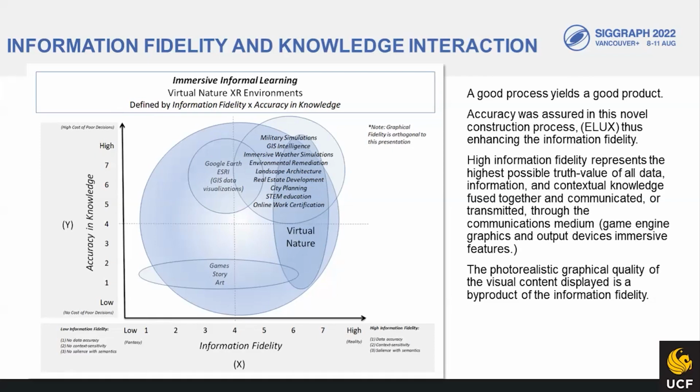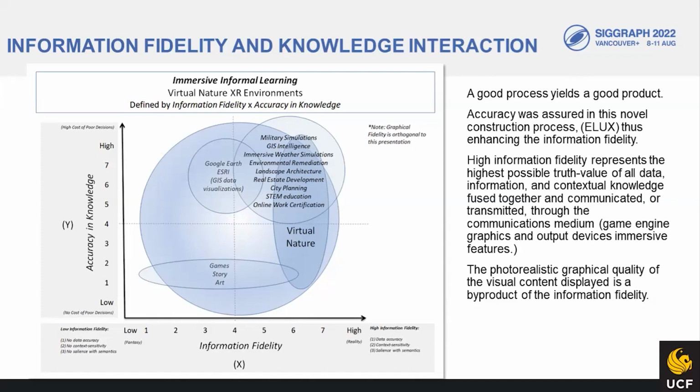Well, digital twins are about that, right? They're about having that high information fidelity so that we can build simulations, models, run different scenarios, inform our decisions, reduce our risk. And these are all applications that are important for military simulations or GIS intelligence or weather simulations, right?